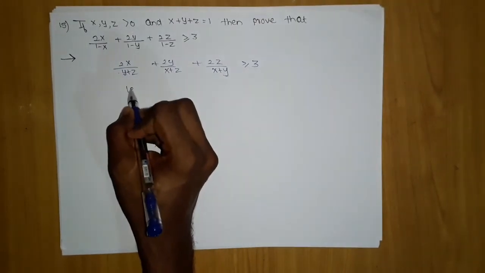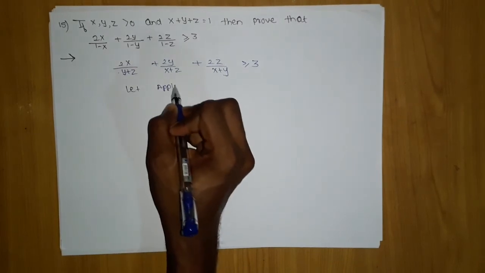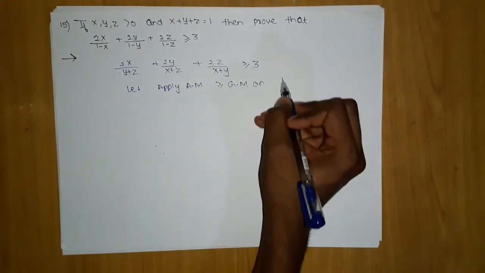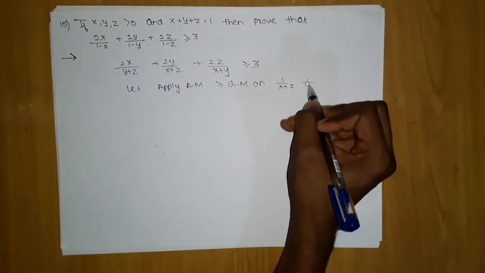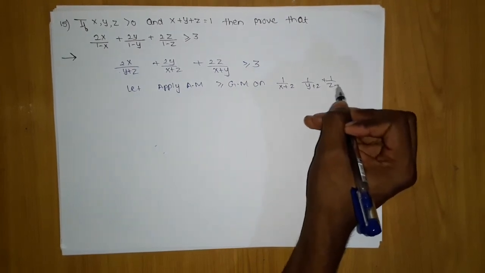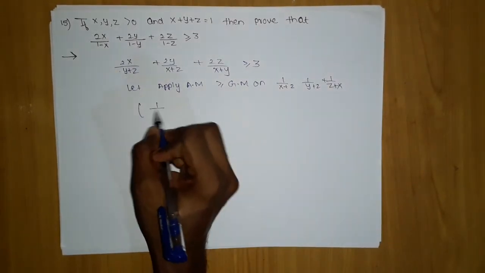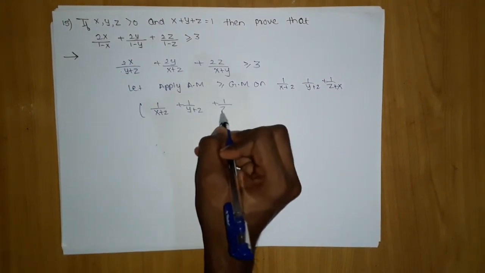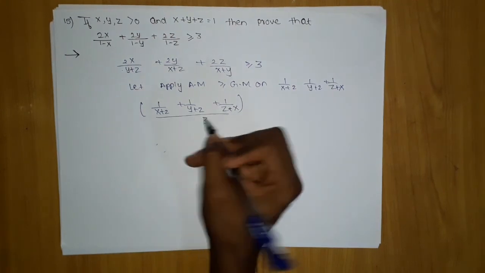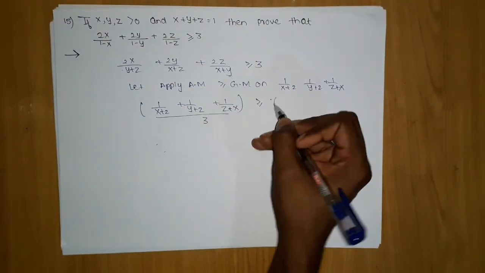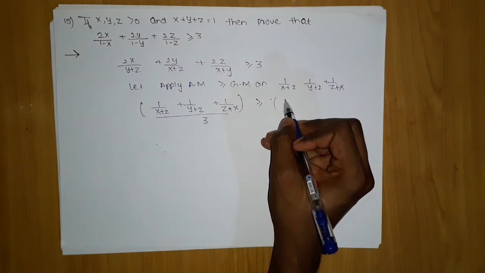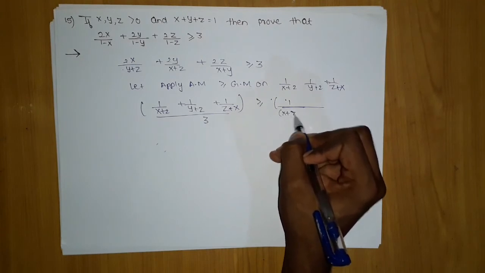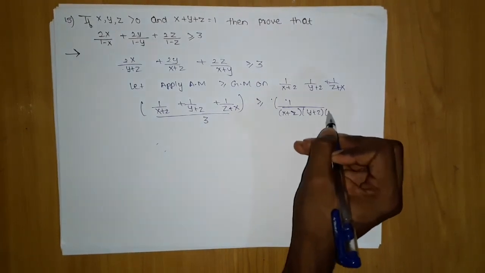So let us apply AM greater than or equal to GM on 1 upon (x plus z), 1 upon (y plus z), 1 upon (z plus x). The whole upon 3 is greater than or equal to what? They will all be multiplied, which will give us 1 upon the product (x plus z)(y plus z)(z plus x).